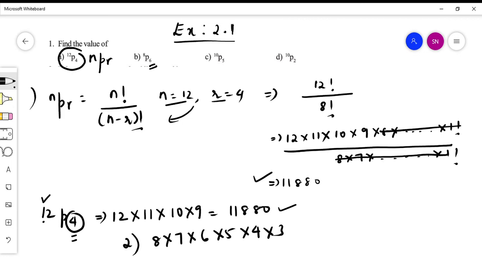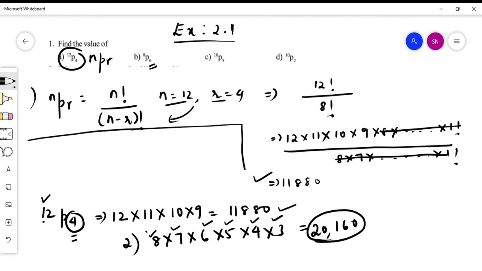Have I reduced it 6 times correctly? So see 1, 2, 3, 4, 5, 6. So what will be my final answer? 8 into 7 into 6 into 5 into 4 into 3 will give me 20,160. I hope you people have understood.